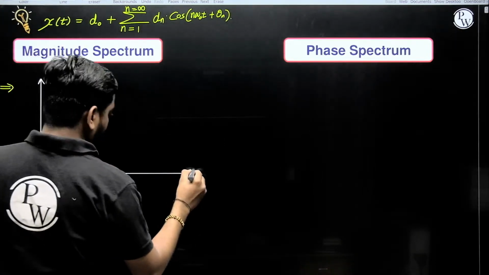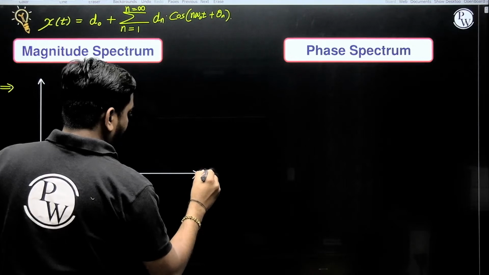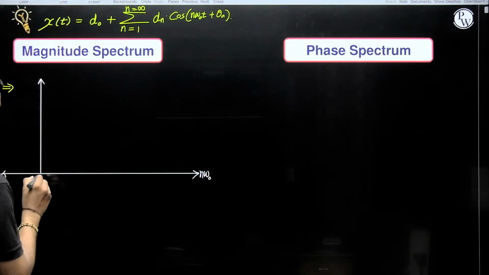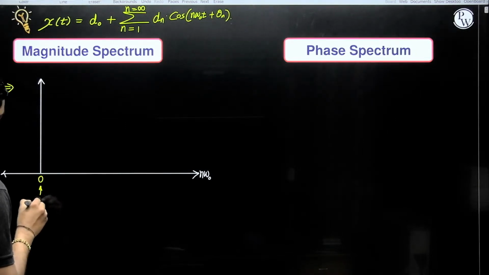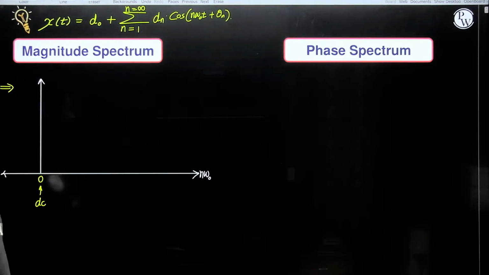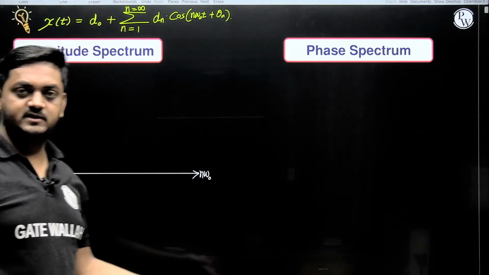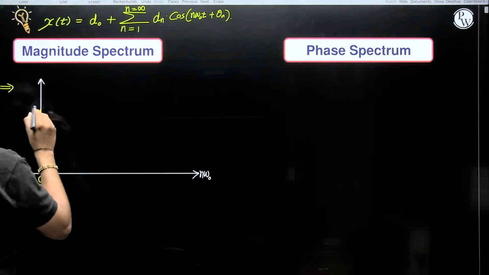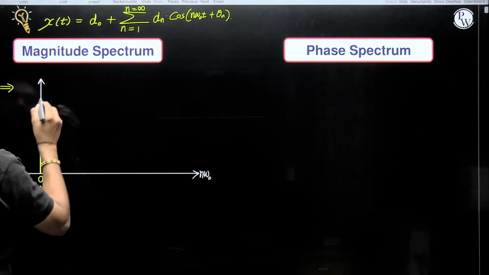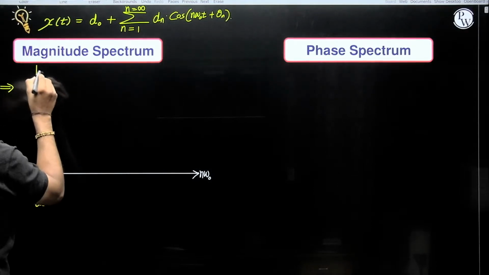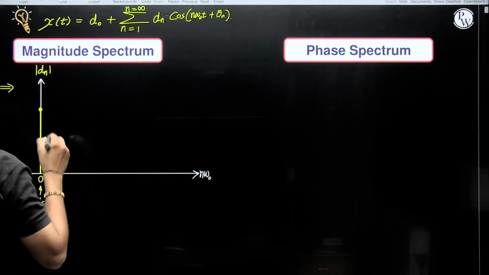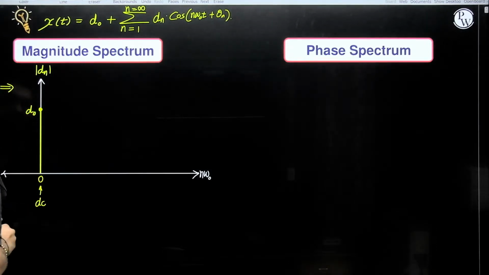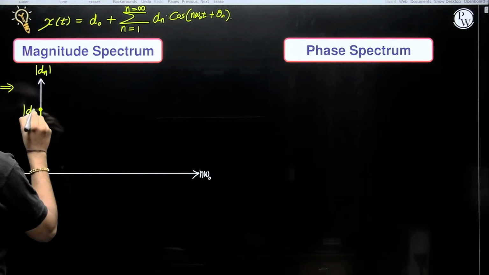Magnitude is always positive. Remember, we write n omega 0, and if n omega 0 equal to 0, the frequency is 0, guys, it is DC, correct? That is the corresponding coefficient d0.